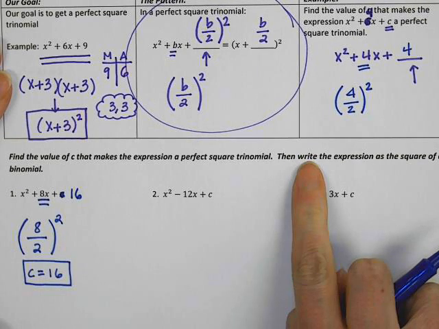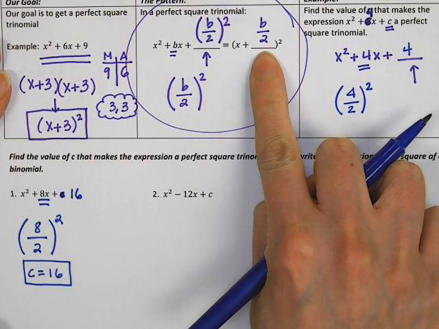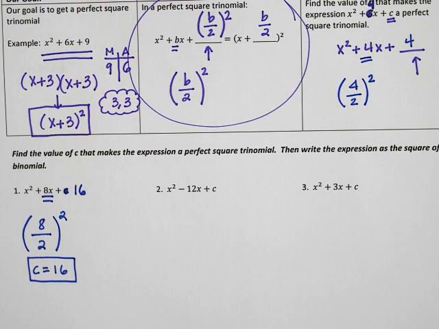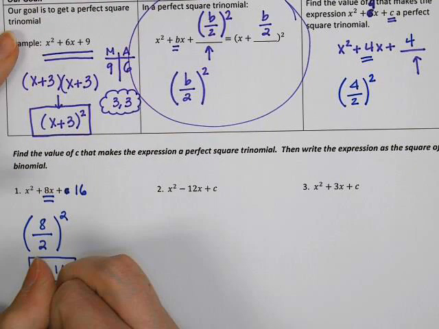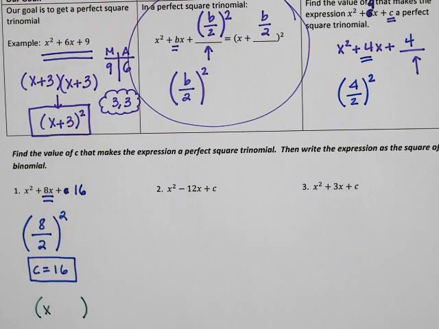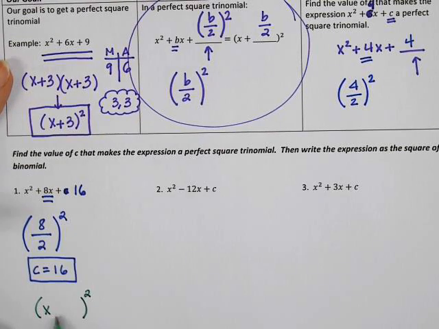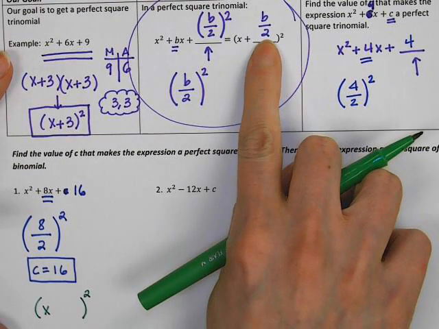Now it says, then write it as a perfect square. When you write it as a perfect square, it's going to be x plus or minus something, squared. What would that something be? That something is the b over 2.